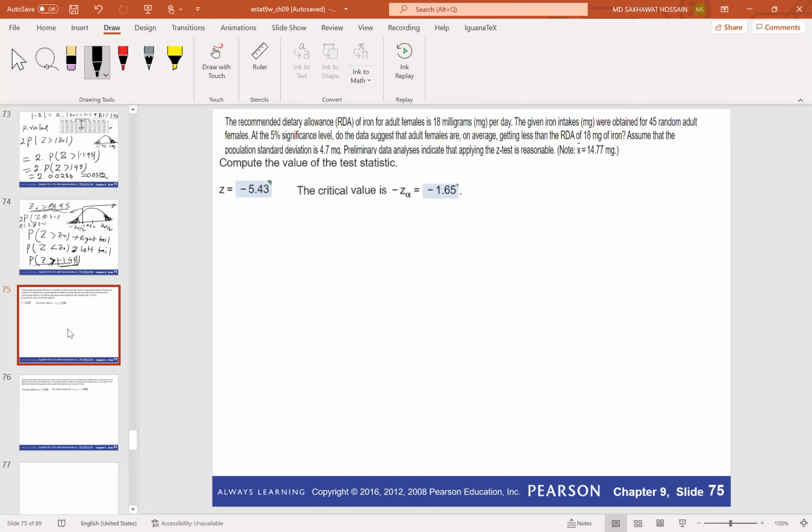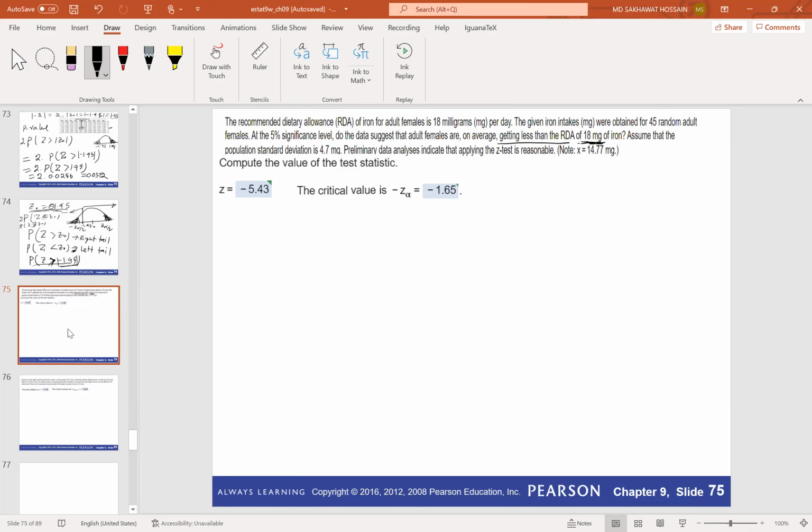At the 5% level of significance, do the data suggest that adult females are on average getting less than the RDA of 18 milligrams of iron?